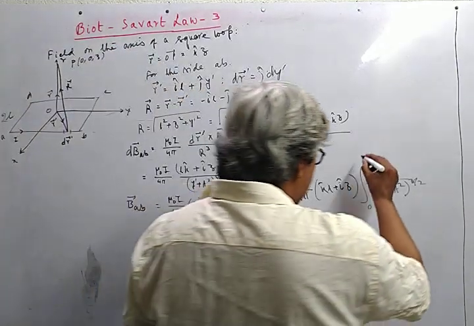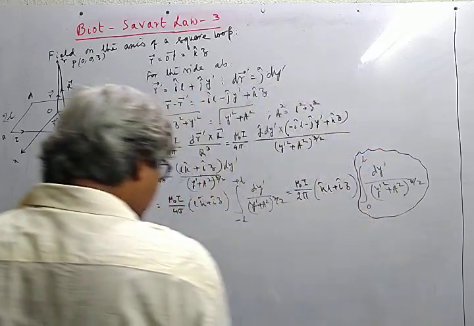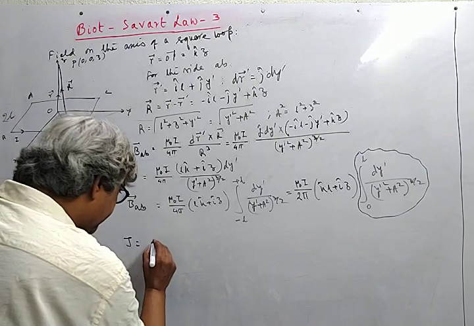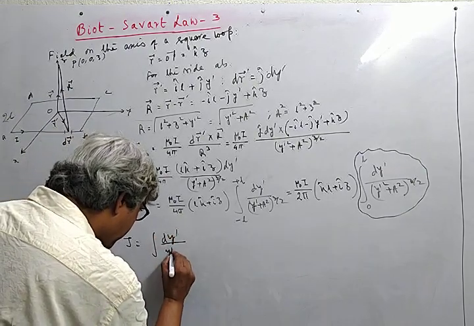We call the indefinite part J. So J is the integration of dy prime by (y prime square plus a square) to the power 3 by 2.